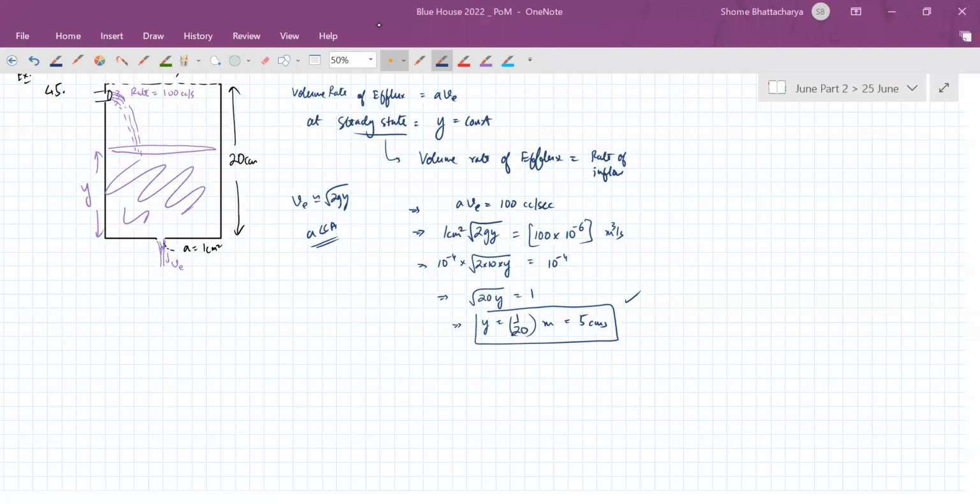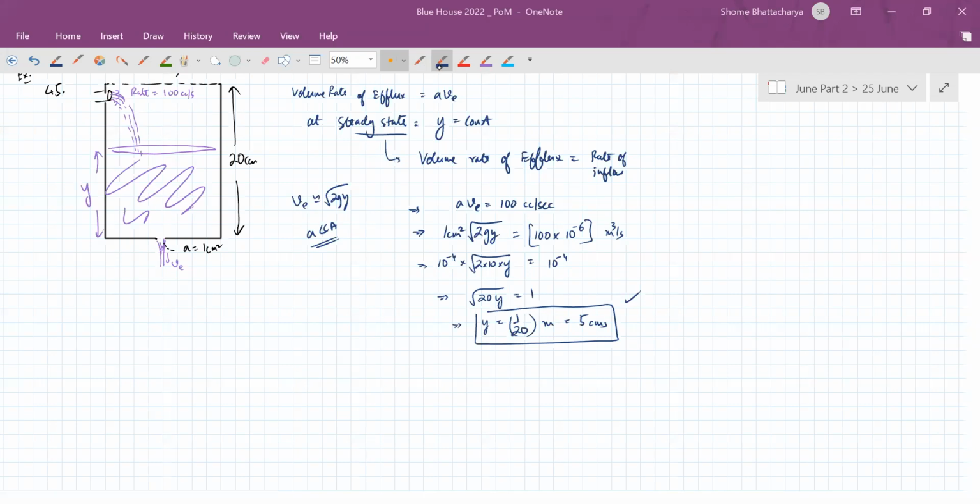Next, in this type of question, you can do one more interesting calculation, which is a bit lengthy. If you assume at time t equal to 0, the level of water in the tank is 0, y is 0, and that is when you open this inlet tap with uniform 100 cc per second, then you can find the level of water as a function of time.